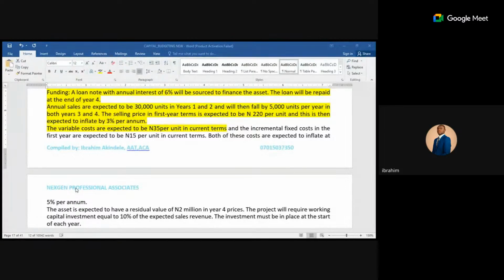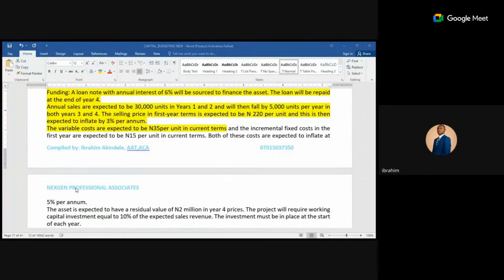We have to, or the variable costs are expected to be 35 naira in first year. Class, in first year means that first year will be in that term, and the subsequent year will now be raised to power of 1, just like the way we did in the first one. But the question did not say like that.